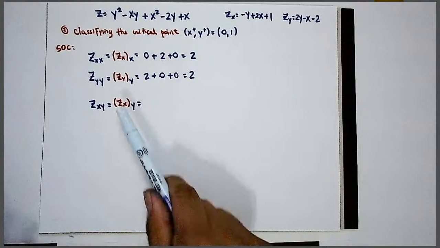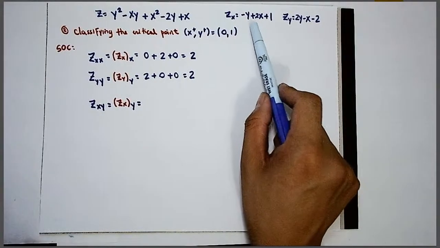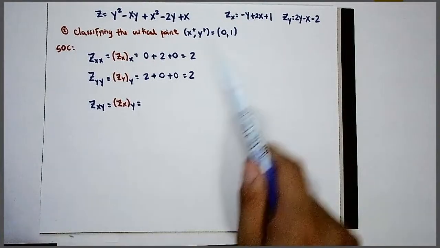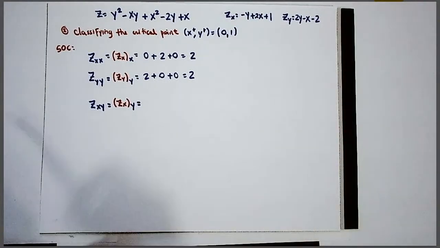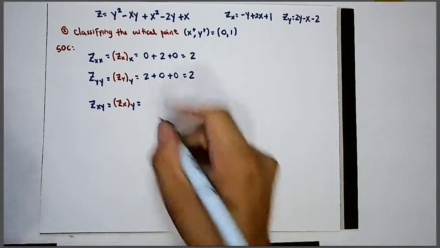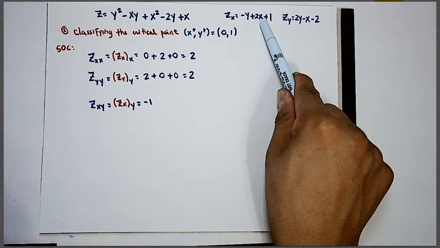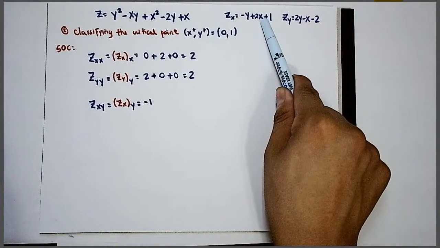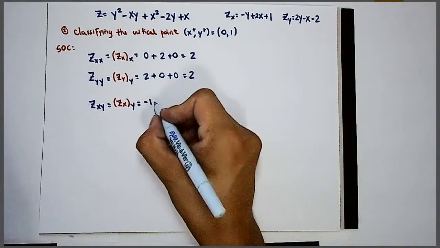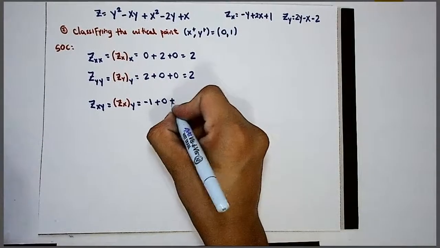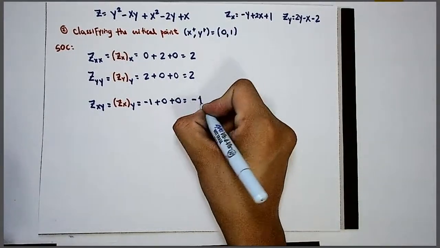So we have already the derivative with respect to x. This is this formulation. So the derivative with respect to y of minus y is minus 1. And the derivative with respect to y of 2x is 0. And the derivative of 1 is 0. So this is minus 1.